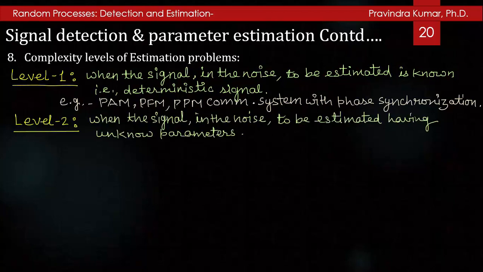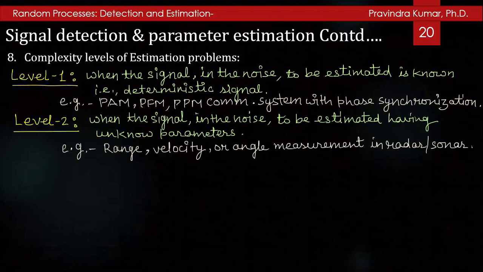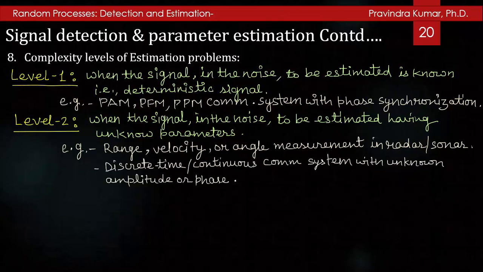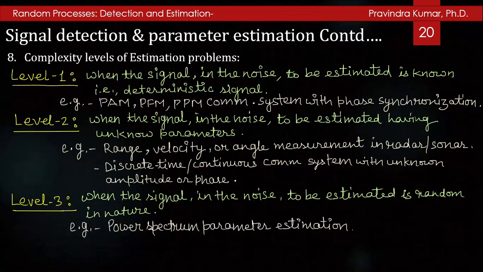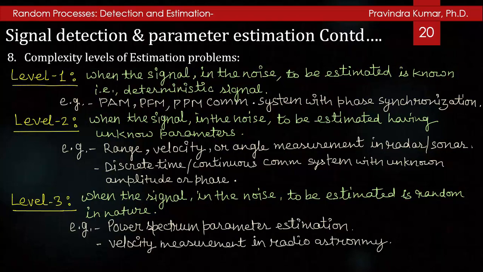And second level, when the signal in the noise to be estimated has an unknown parameter, for example range, velocity, or angle measurement of radar or sonar. Another example is a discrete time or continuous time communication system with unknown amplitude or phase. And level third, when the signal in the noise to be estimated is random in nature, for example power spectrum parameter estimation, velocity measurement in radio astronomy, and ground mapping radar.